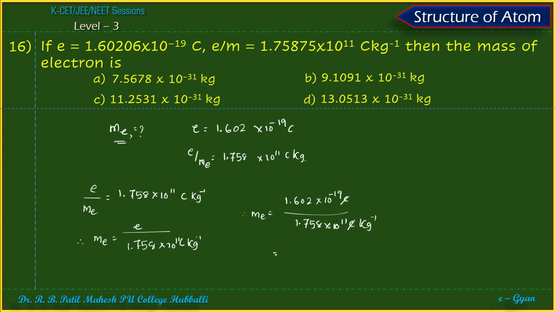Coulomb gets cancelled, which is equal to 1.6 divided by 1.7, which is 0.91, into 10 to the power minus 19 into 10 to the power minus 11 kg, which is equal to 9.1 into 10 to the power minus 19 minus 11, it is minus 30. Here we shifted one decimal, hence it is minus 31 kg. So the correct answer is option B, 9.1091 into 10 to the power minus 31 kg.